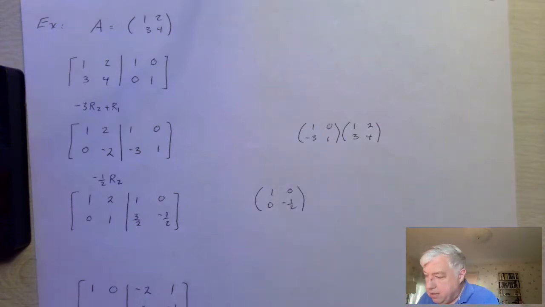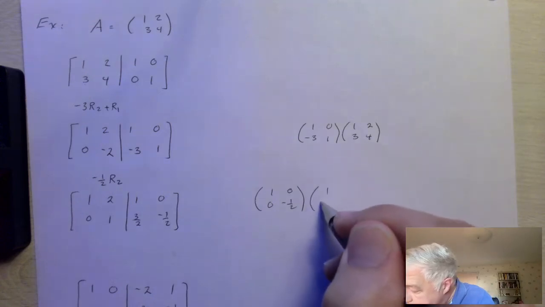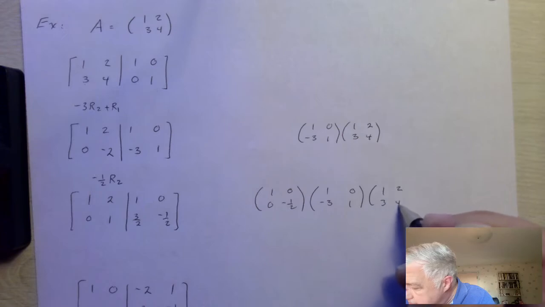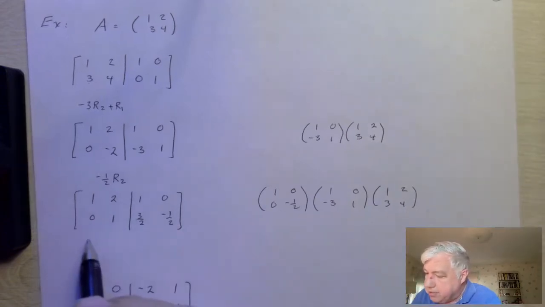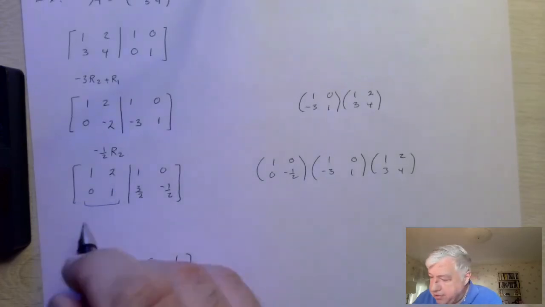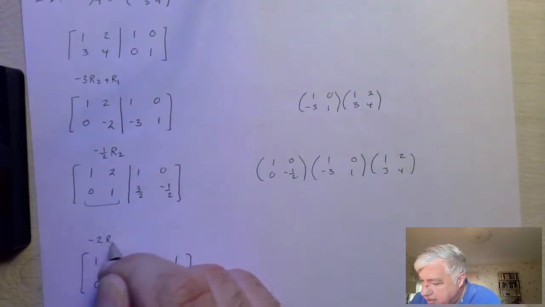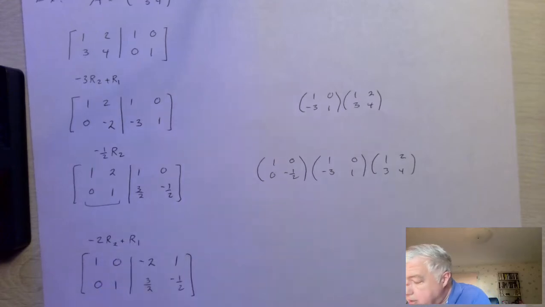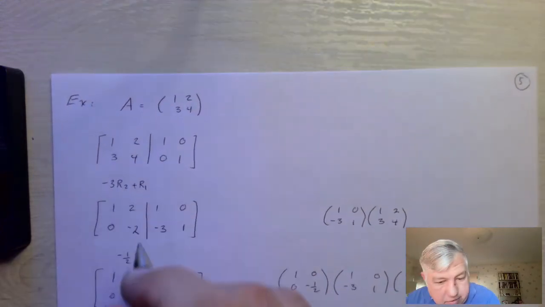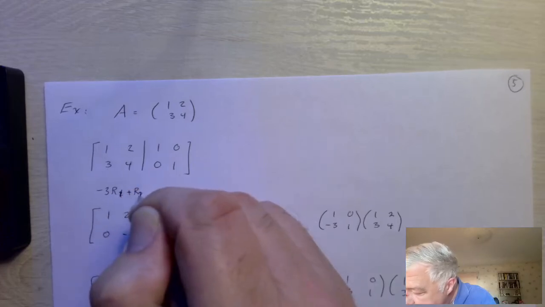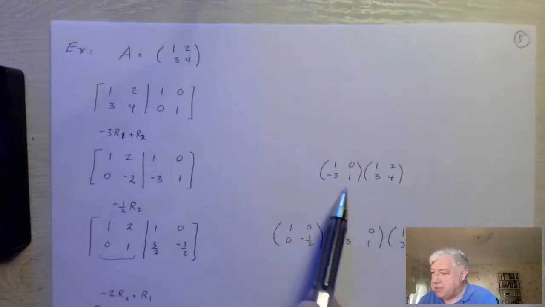Okay, and that was this matrix. And then finally we wanted to get rid of this 2, so we multiplied negative 2 R2 plus R1. Oh my god, I think this should be the other way around. This was negative 3 R1 plus R2. Yeah, but this does work.